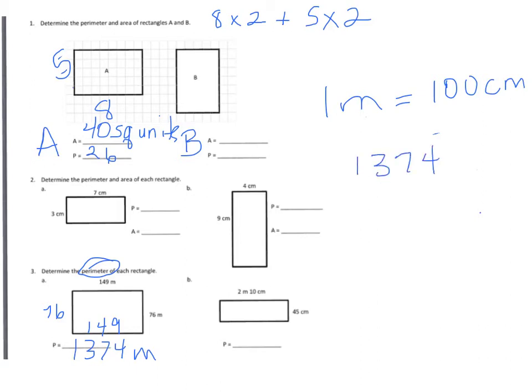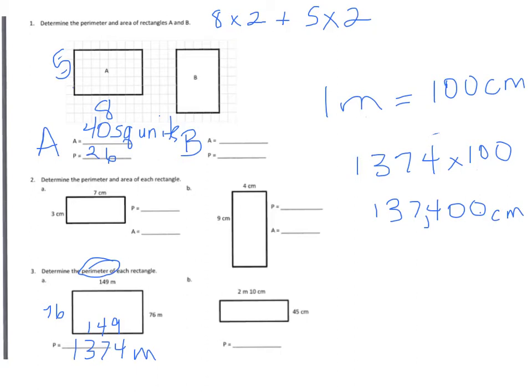Well, if we're going to multiply that times 100, what are we doing? We're just moving it over twice in the place value chart, or we're just adding 2 zeros. So you're going to write your 1,374, put your 2 zeros on the end, and that's going to give you your answer. So that in meters would be the same thing in centimeters.